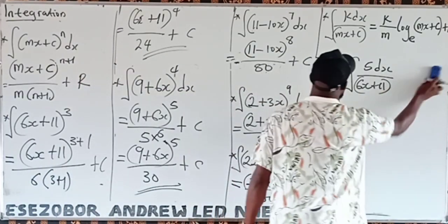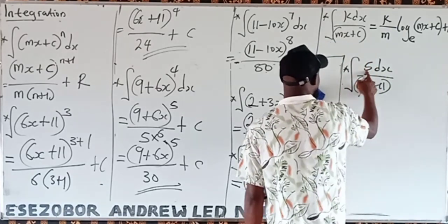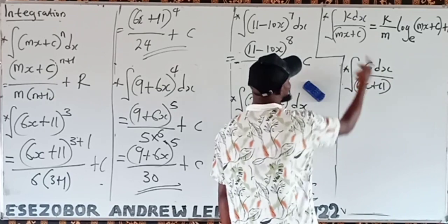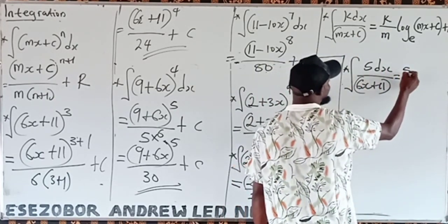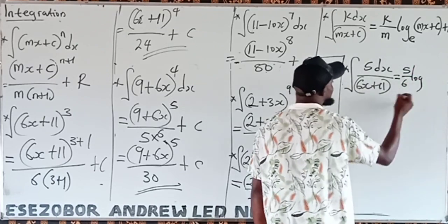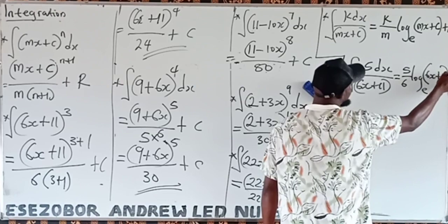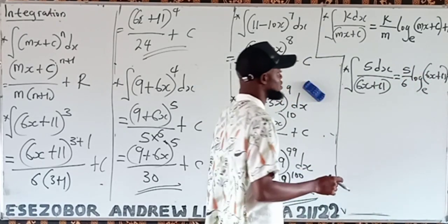If you have something like this now, following this rule, what is the k here? Our k is 5. Then what is m? m is 6, and the c there is 11. So I'm going to have 5 over 6 log e of 6x plus 11 plus the integration constant, which is c.